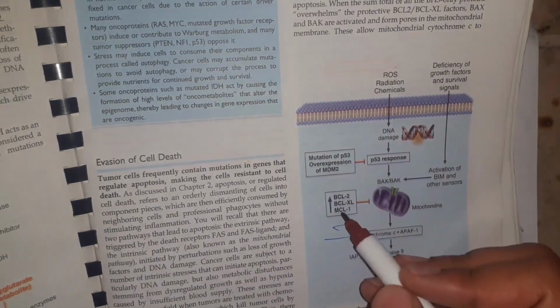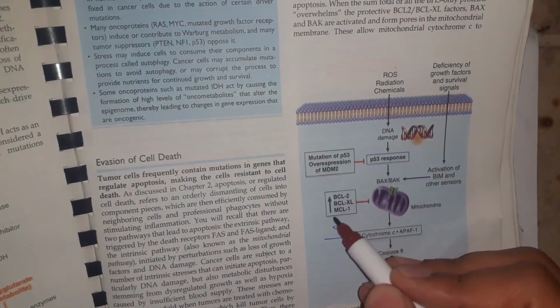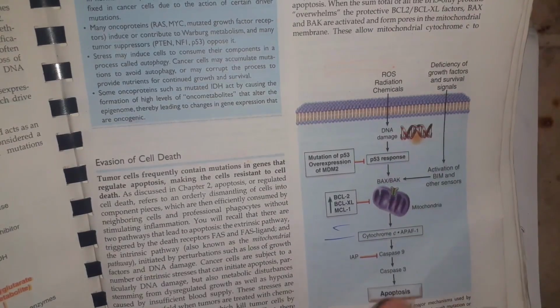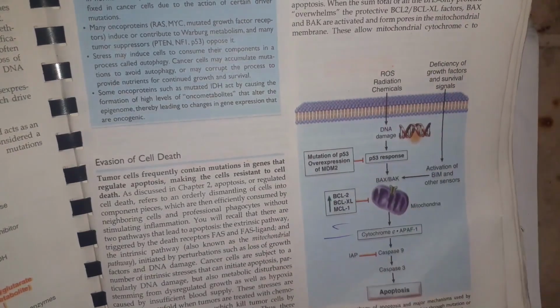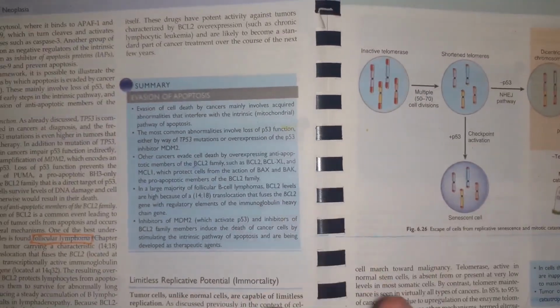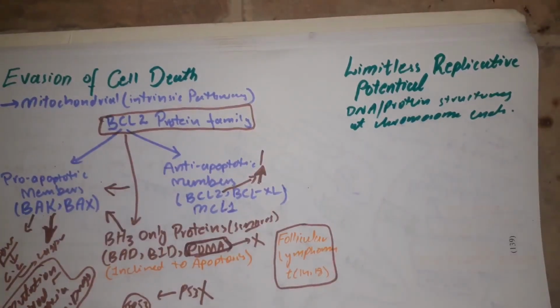Moreover, the anti-apoptotic members BCL2, BCL-XL, and MCL1 are also upregulated, and in this way, the cell avoids apoptosis. So that is basically what's going on here. To summarize it, you can read the summary here; that basic understanding will be enough for you. Okay, so next we move on.